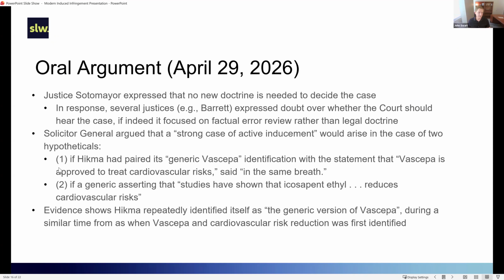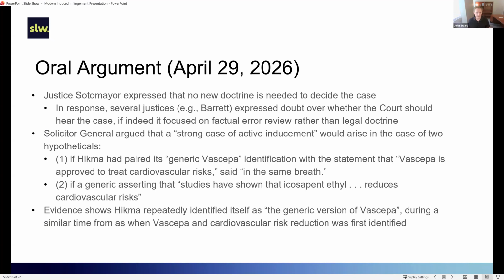And it did not. Hikma did not have marketing materials that in any way indicated that Vascepa is useful for treating CV, and they did not emphasize that Vascepa, the brand name of their generic drug, was approved for cardiovascular risks.